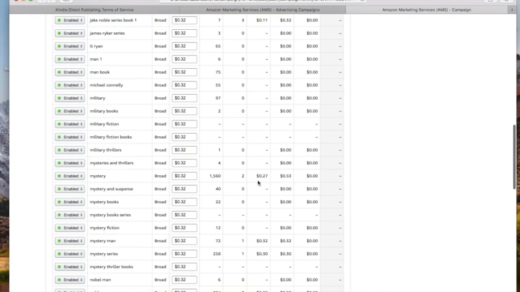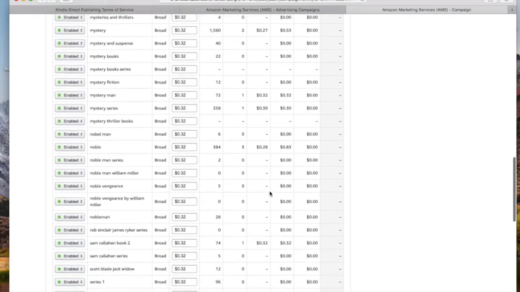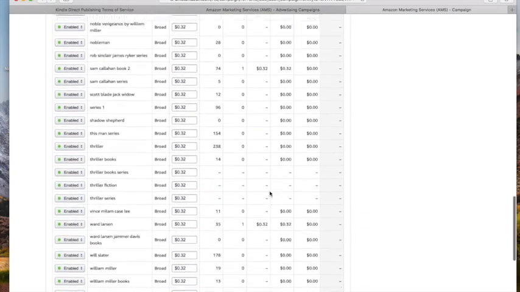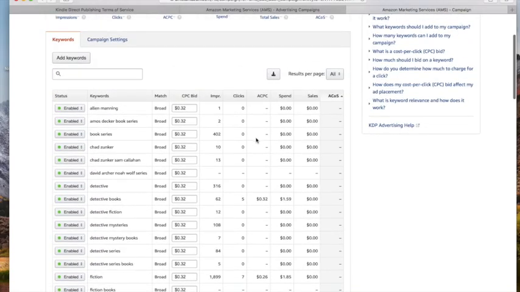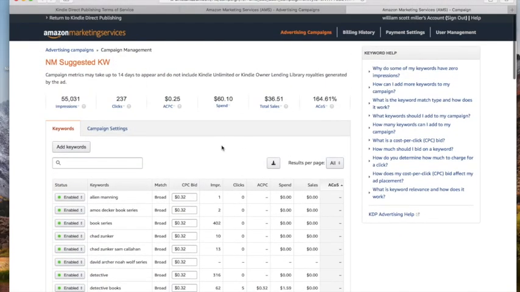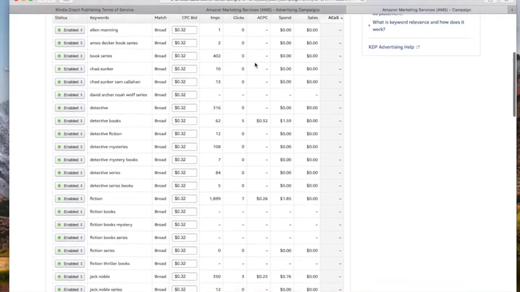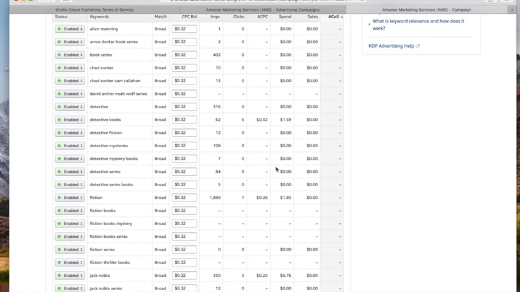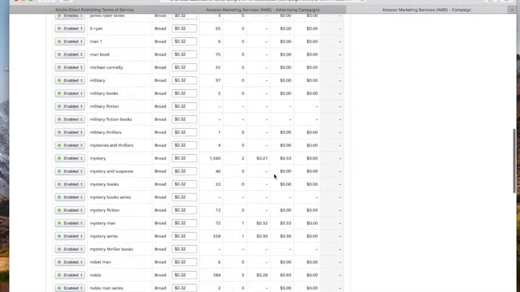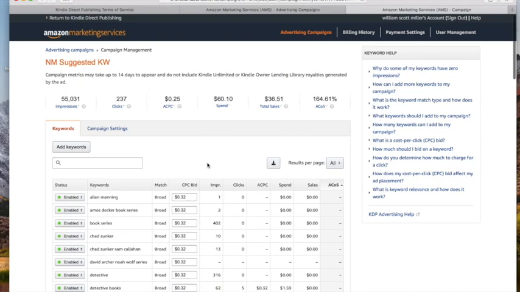So in general, leave those running unless you just happen to spot one that's spent a whole bunch of money. You really won't see that. I've caught a few every once in a while, but in general, if you've got no ACOS data and you're not spending a whole bunch of money on it, let it run. It's fine. It's just contributing to your impressions, and that's good enough.